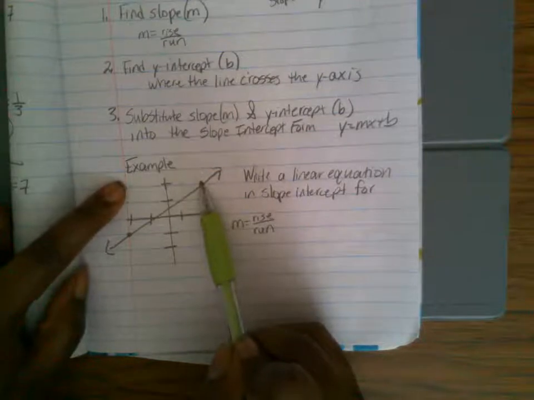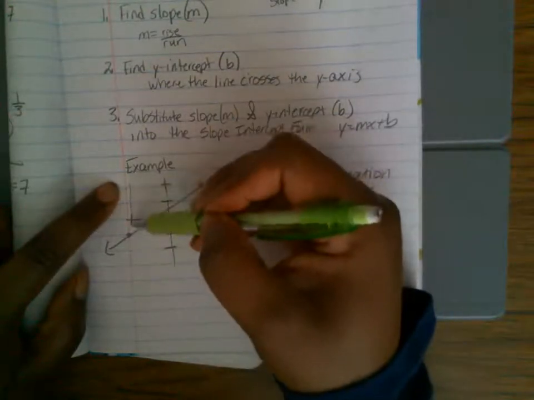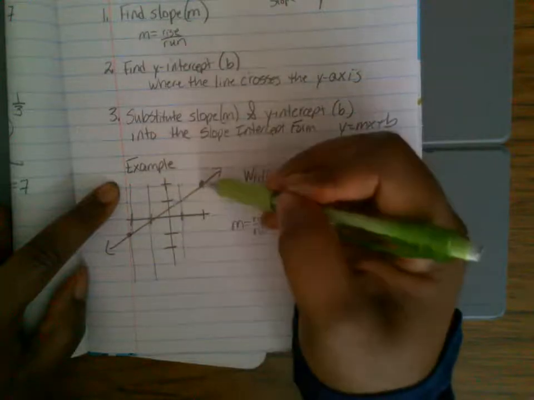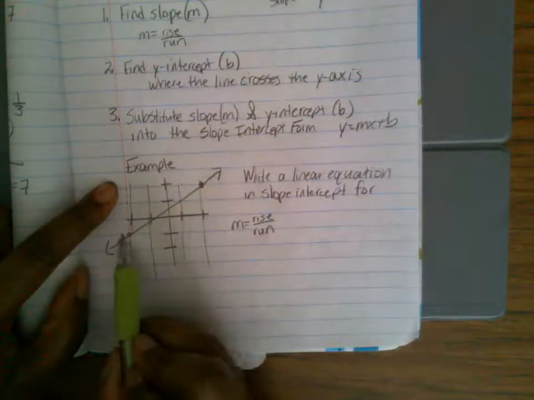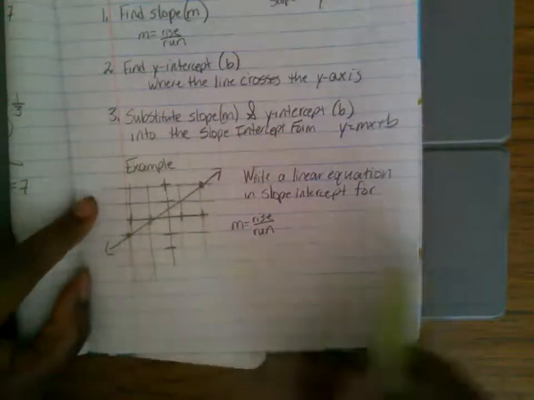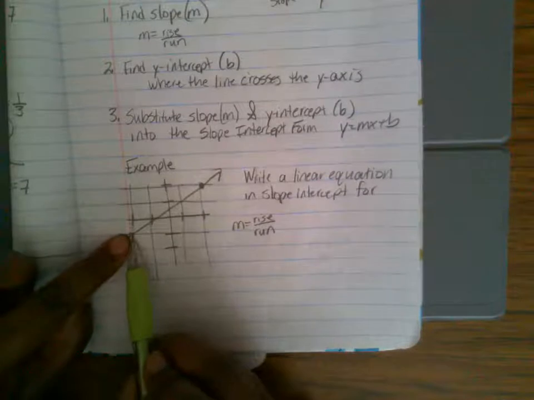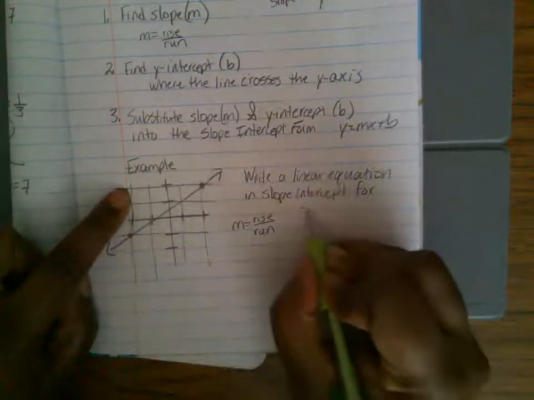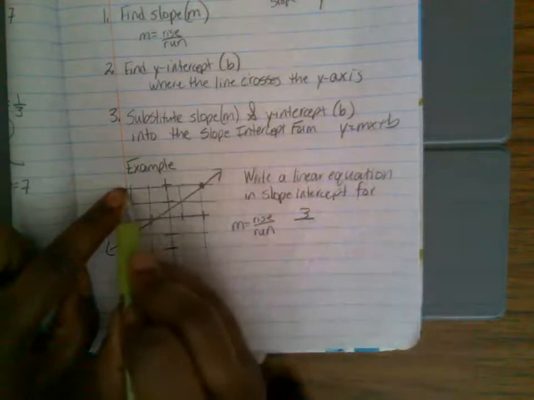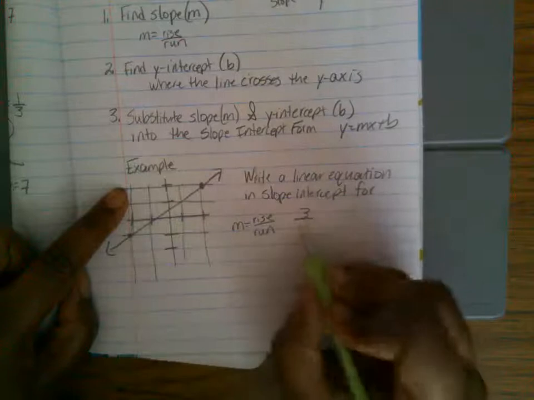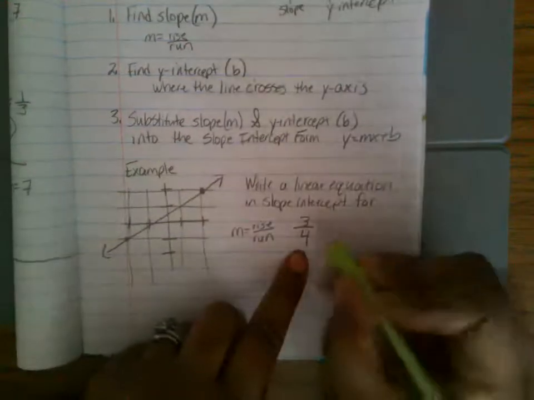And if it helps you to draw the grid lines in so that you can see it, then please go ahead and do that. Then you can physically see yourself going up 1, 2, and 3. So your top number is 3, and then going to the right, that's a positive 1, 2, 3, 4. So this is going to be my slope.